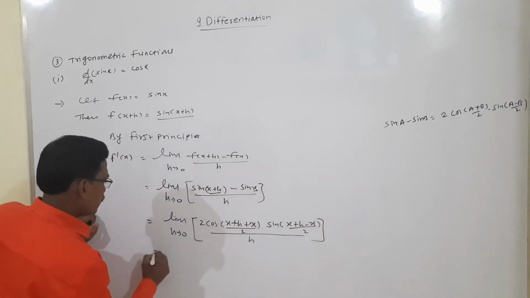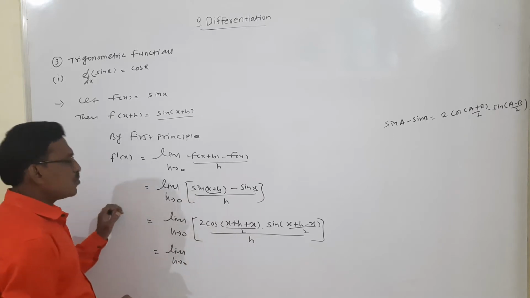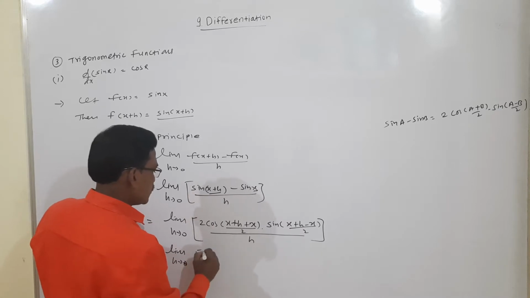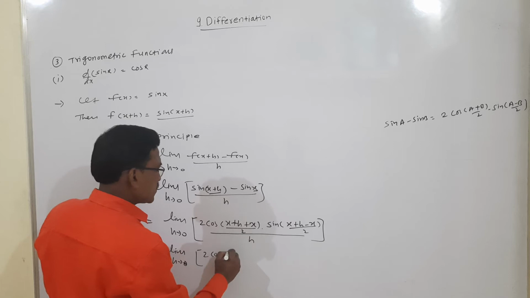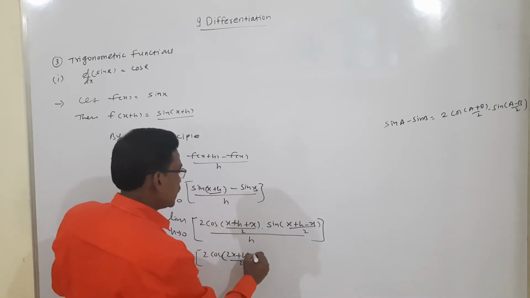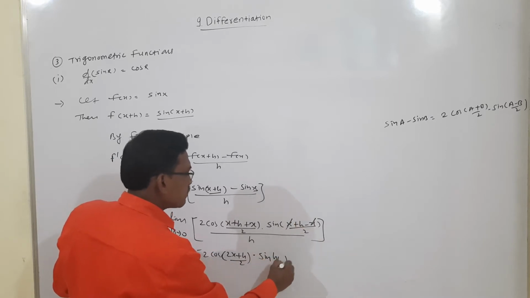And so limit as h tends to 0, it gives 2 cos of (2x plus h) by 2 into sine of h by 2, since x minus x cancels, whole divided by h.